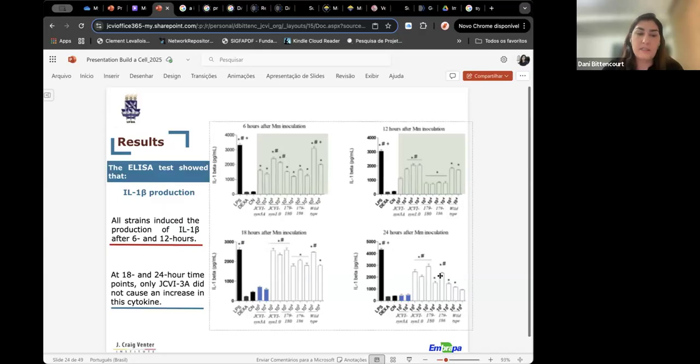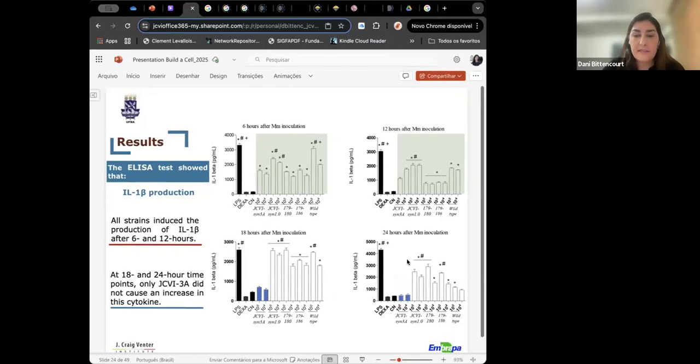And then for the interleukin-1 beta, we can see some of the responses here. So between 6 and 12 hours, we mostly see some for syn1 and also for the wild type.